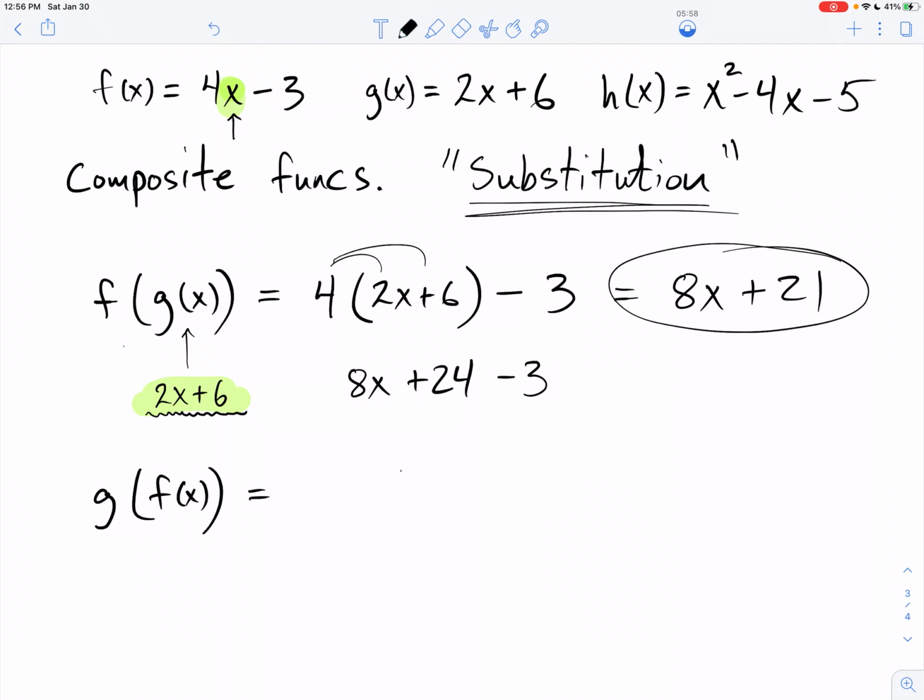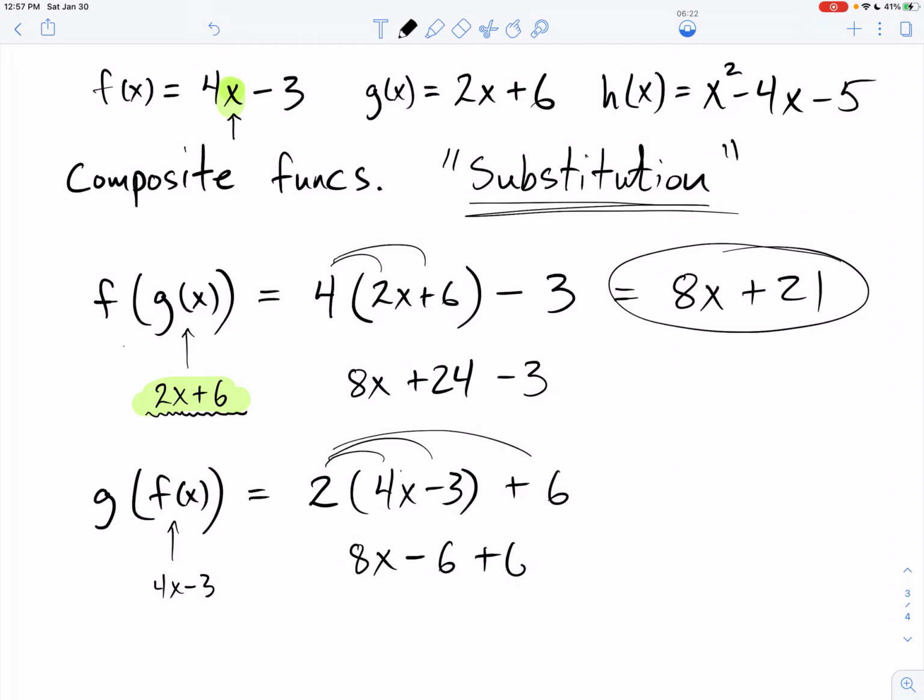What is g? Well, g says whatever you give me, I'm going to multiply it by 2, and then I'm going to add 6 to it. So what am I going to replace that with? What this guy is. I'm going to put this into the other guy this time. And then, once again, I'm not done. I want to clean it up, make it pretty. And I get what? 8x minus 6 plus 6. Oh, look.